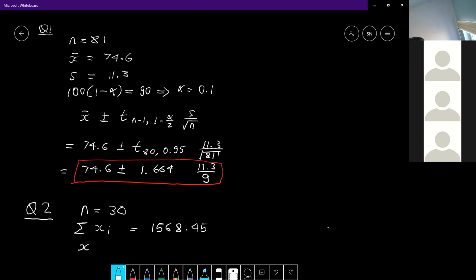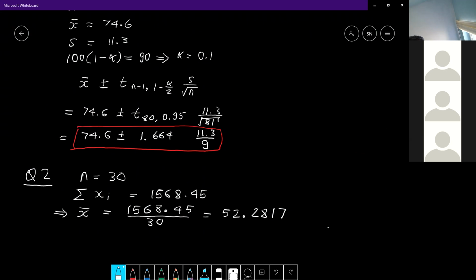So this implies that the sample mean x bar, which is this divided by n, is going to be equal to 52.2817. Okay, so this is the sample mean.